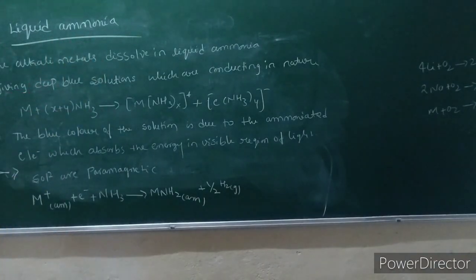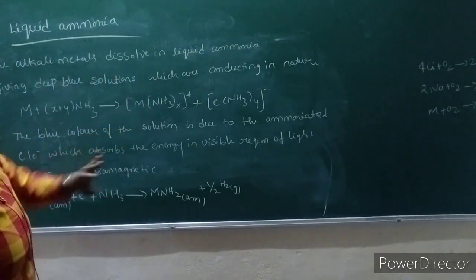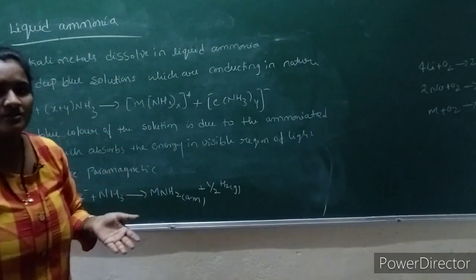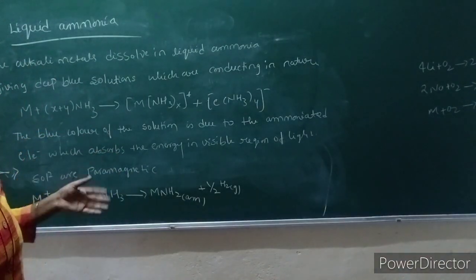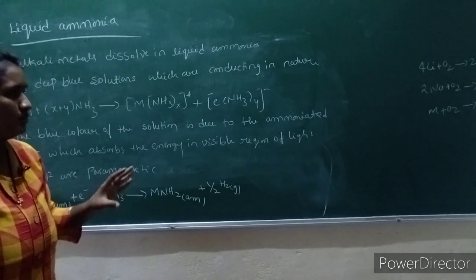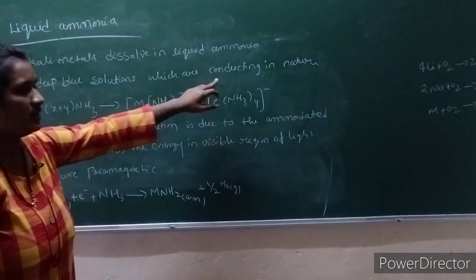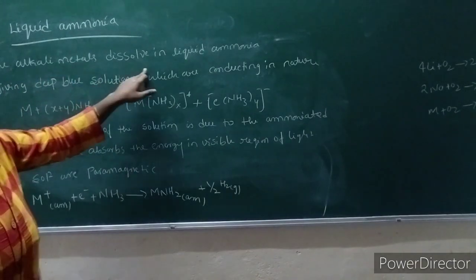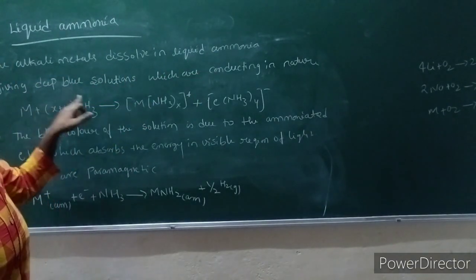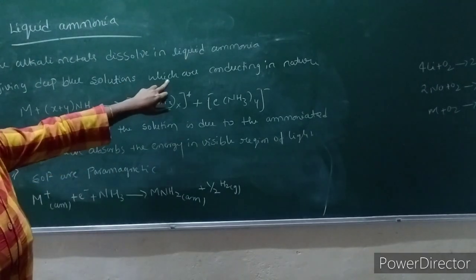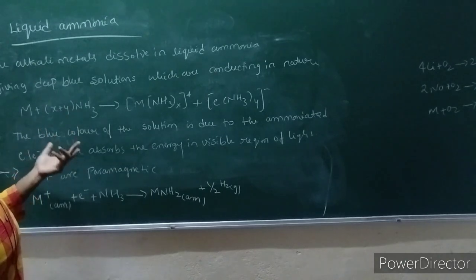These alkali metals dissolve in liquid ammonia, and when they dissolve they impart blue color, means the solutions become blue in nature and show conductivity. So when the alkali metals dissolve in liquid ammonia they give deep blue solutions which are conducting in nature.